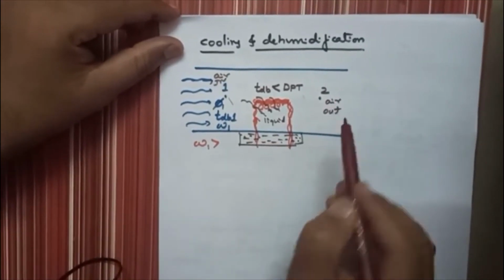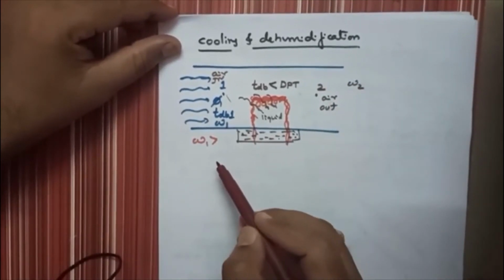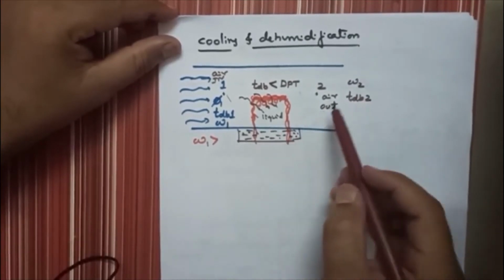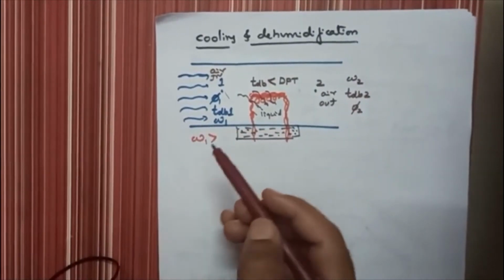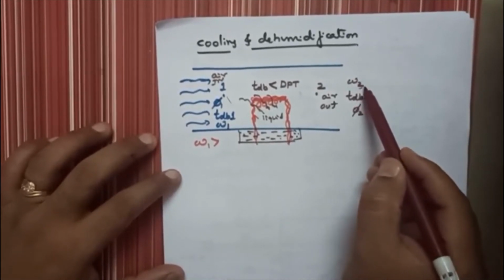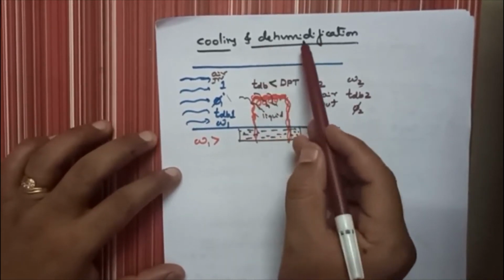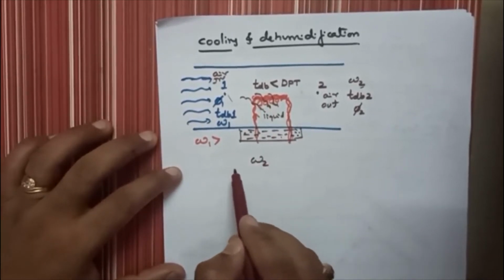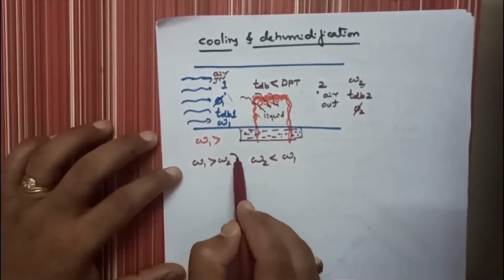Point number 1 is in, point number 2 is out. Here omega 2 is the moisture content, and there is the dry bulb temperature at point number 2, and the relative humidity is phi 2. Now, the omega value, that is the moisture content at point number 2, will be less than at point number 1 because dehumidification has happened. Dehumidification means removal of water vapor. So omega 2 will be less than omega 1, or omega 1 is greater than omega 2.